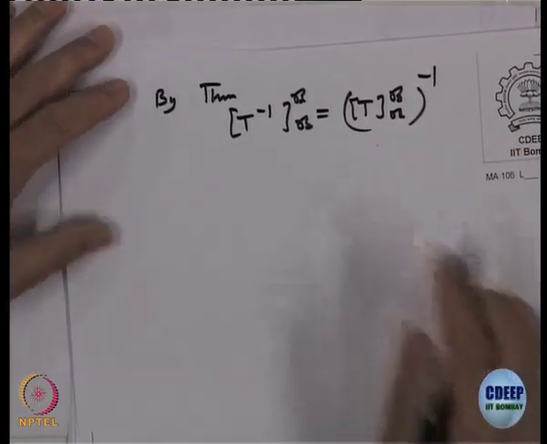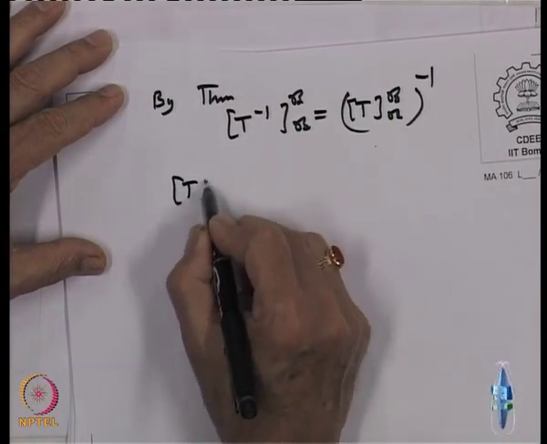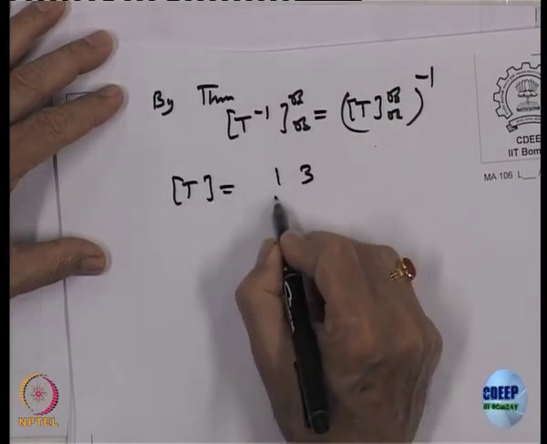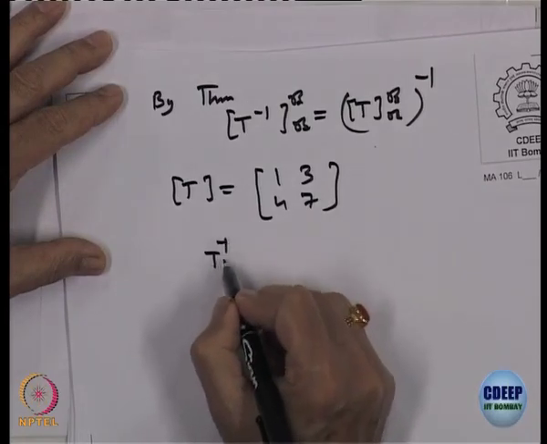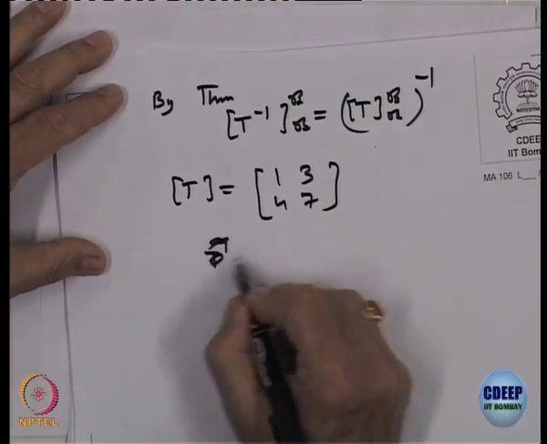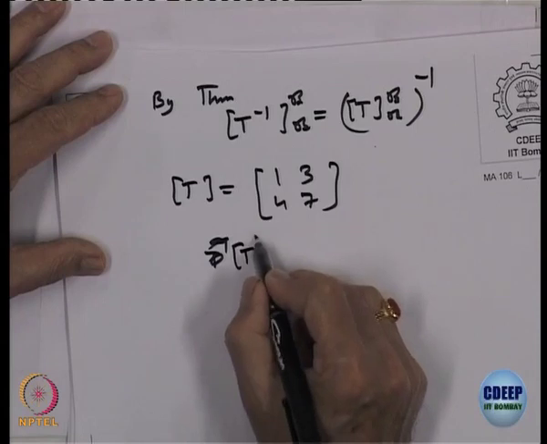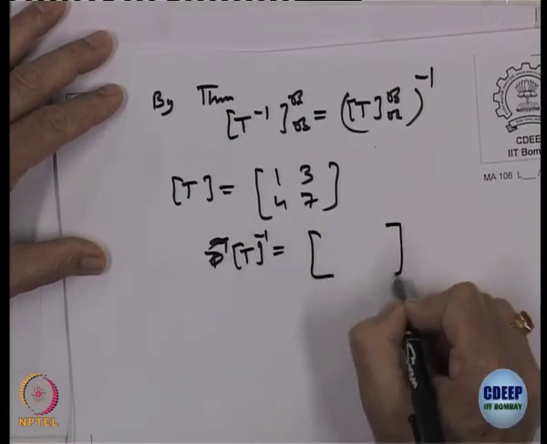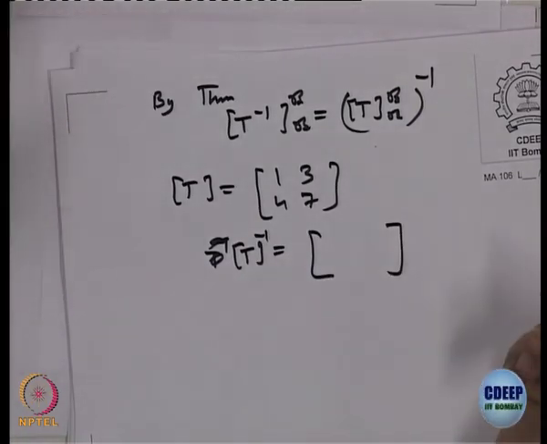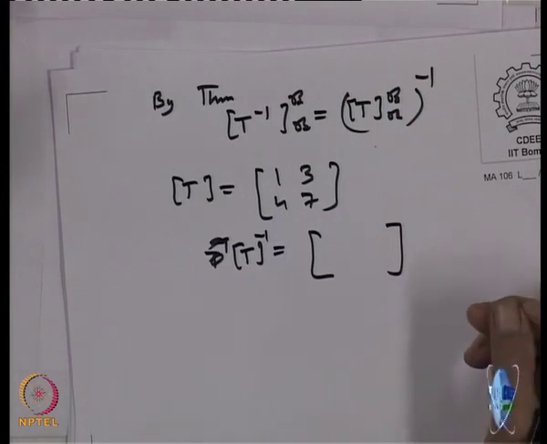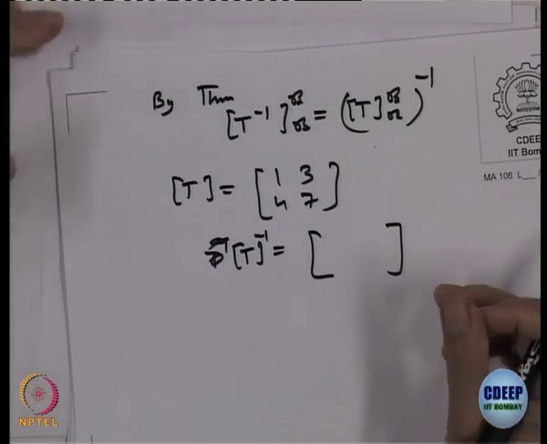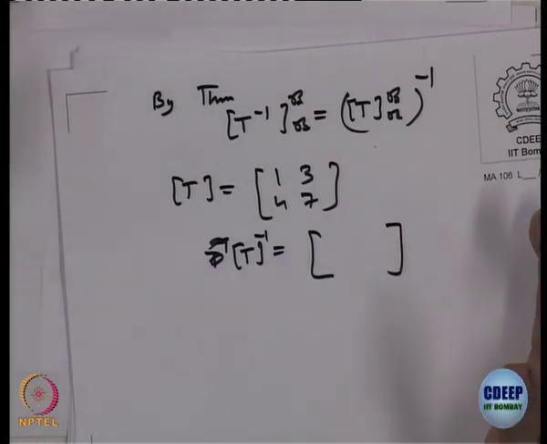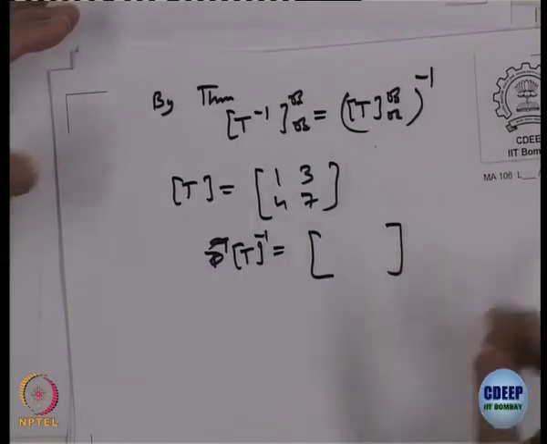Given the matrix of T, which we had as 1 3 4 7, I have to find its inverse. We will find it because it is nice and simple. You can do it by the adjoint method if you like, or by row operations, adjoining the identity matrix.